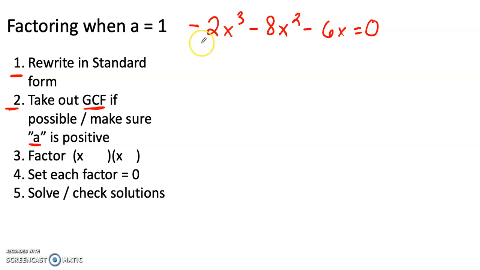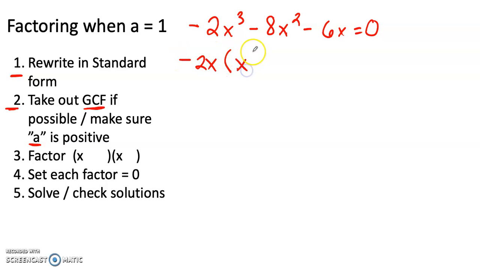So in fact, all of them are even. All of them, if we haven't noticed already, also have an x. So what we can do is factor out a negative 2x from each term.